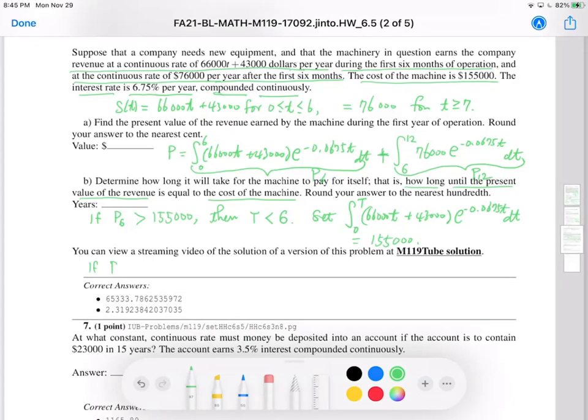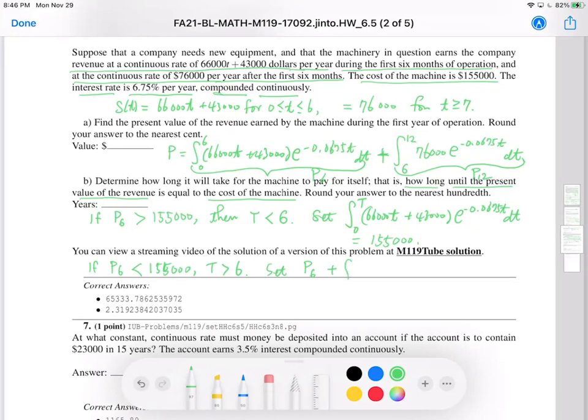If P6 is less than the cost, then T is bigger than 6. So set the present value P6 plus, we need more months.